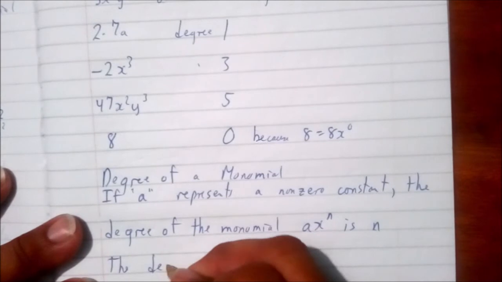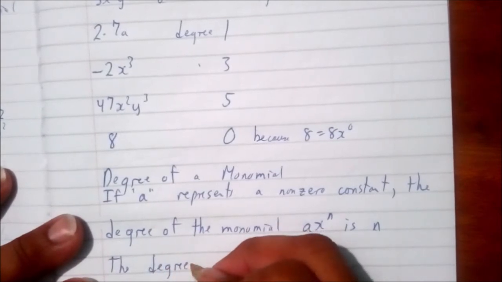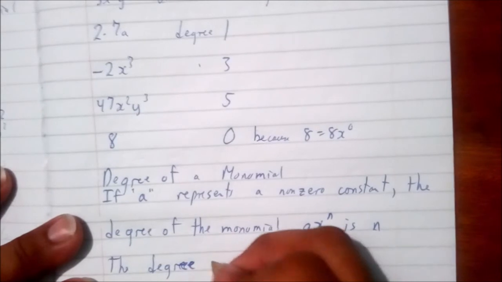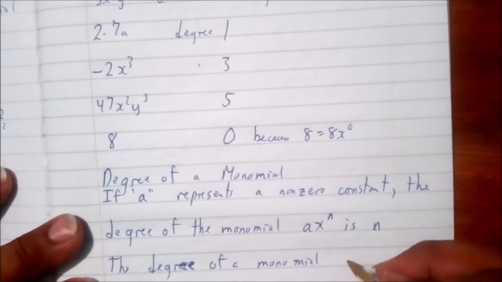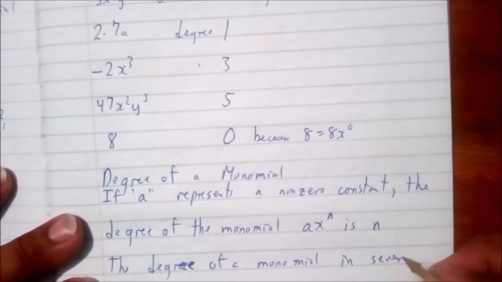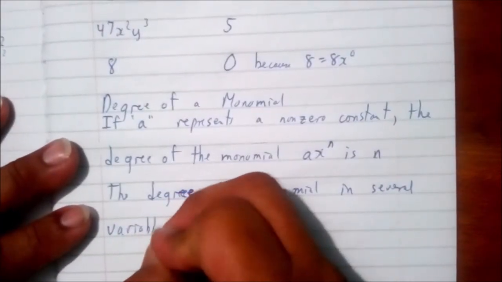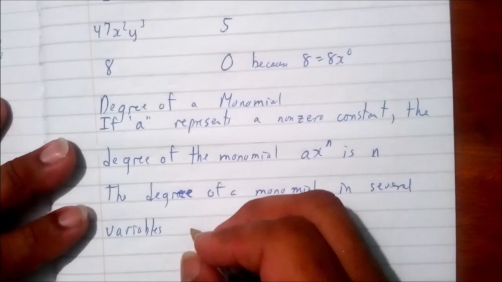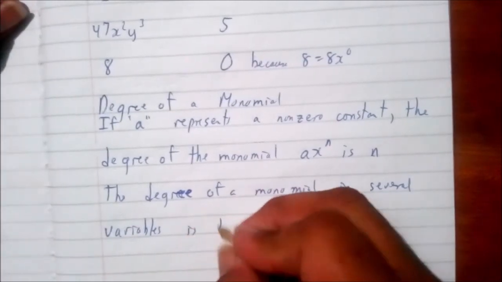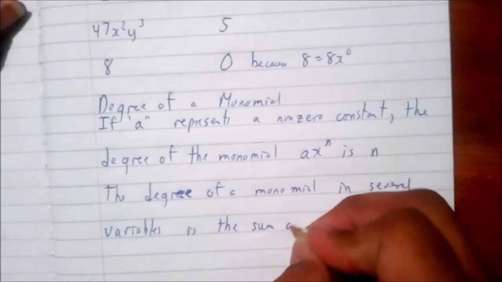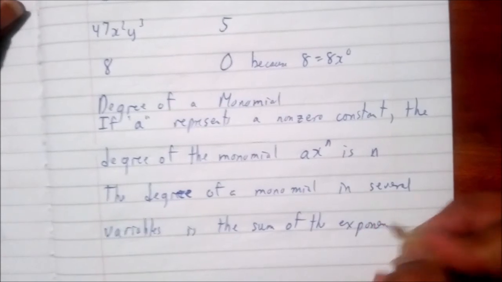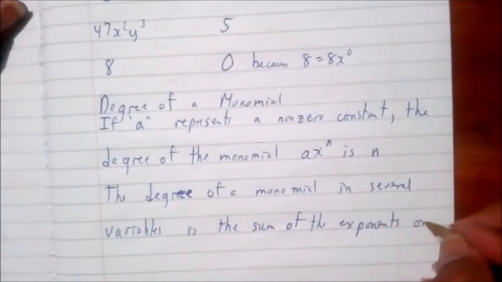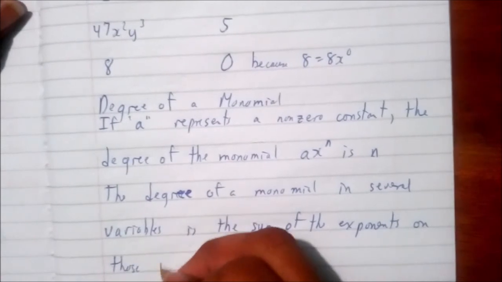The degree of a monomial in several variables is the sum of the exponents on those variables.